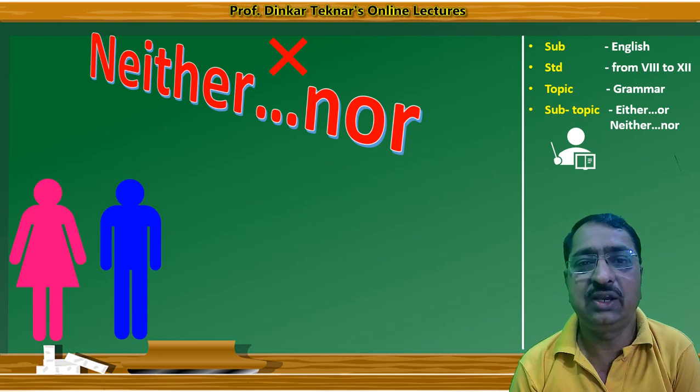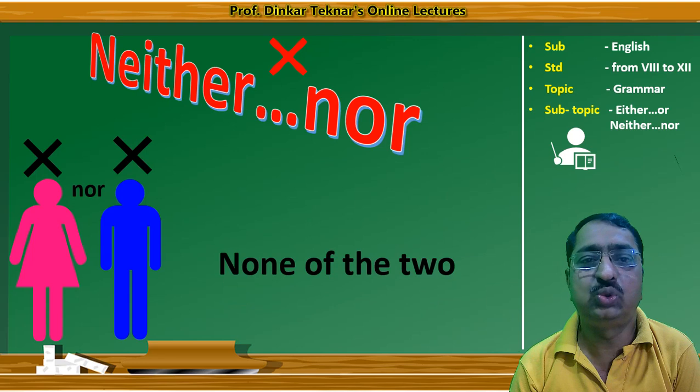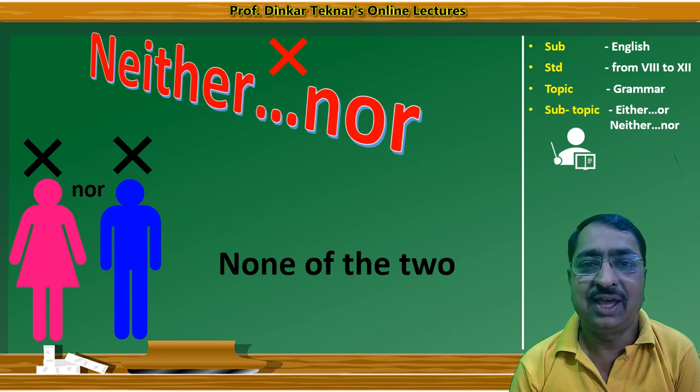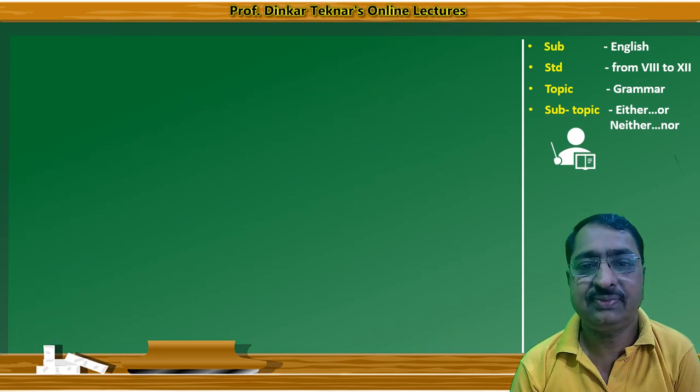Look at this picture again. Neither girl nor boy. None of the two is used with neither...nor. In other words, neither...nor is used to show none of the two objects.